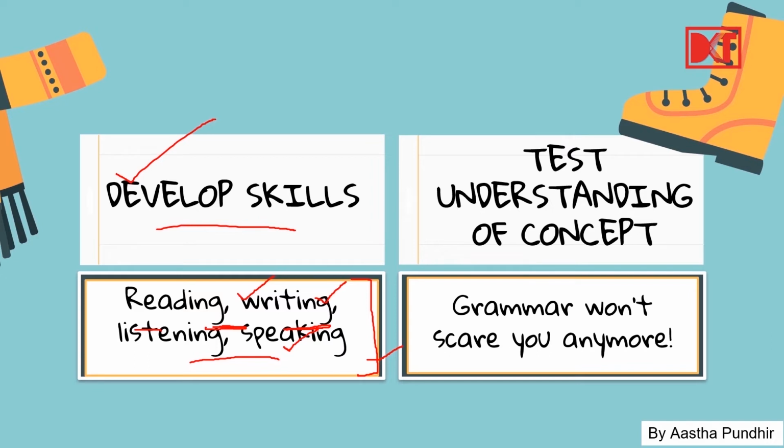Alright. The next aspect is testing the understanding of the concept. Now, अगर हम जब एक एक चैप्टर करेंगे और एक एक टॉपिक को समझेंगे तो उसमें आपको कॉन्सेप्ट की अंडरस्टैंडिंग में बिल्कुल दिक्कत नहीं होगी. कॉन्सेप्ट अच्छे से समझ आ जाएगा एंड ग्रामर जो है ना, ग्रामर आपको बिल्कुल भी मुश्किल नहीं लगेगी.